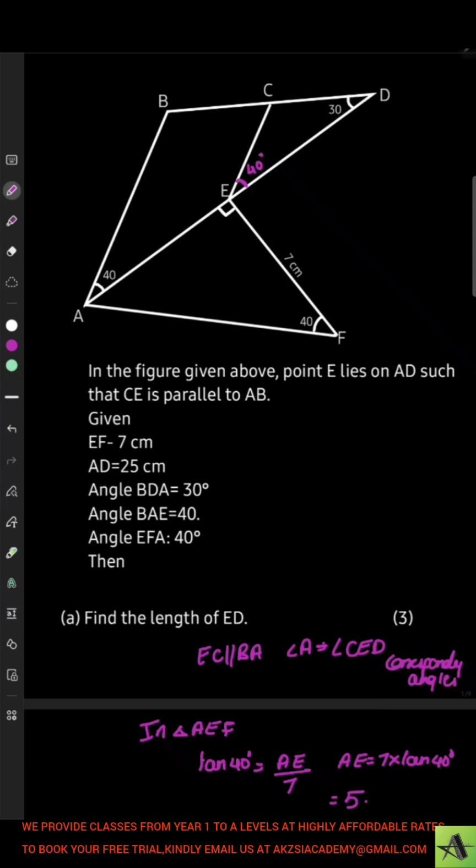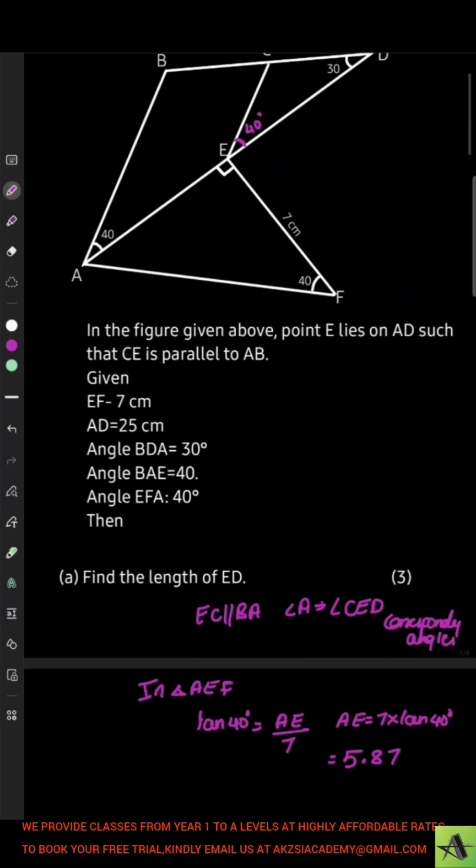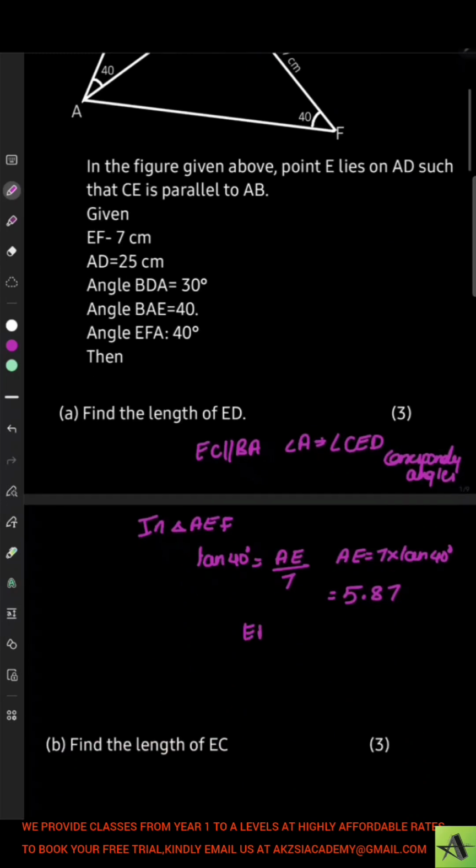Okay, let me keep 5.87 here. So that's the value of AE. And now we just need to subtract it from 25 to get the value of ED. So ED would be 25 minus 5.87, and that will give me 19.13 centimeters.